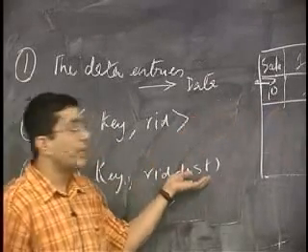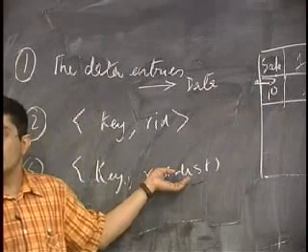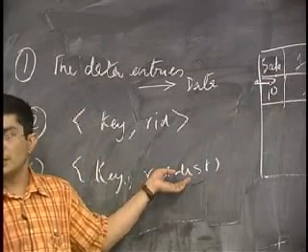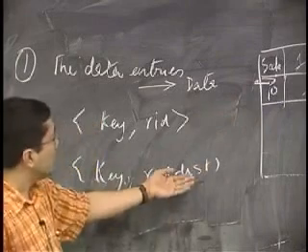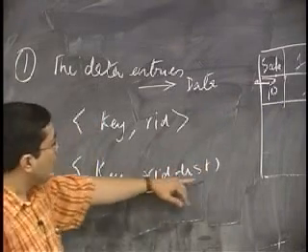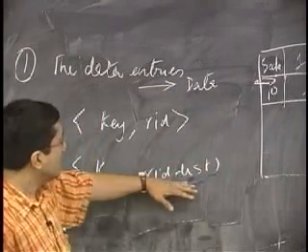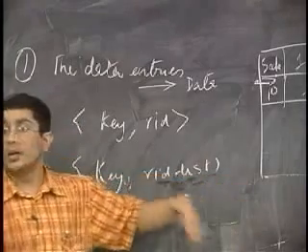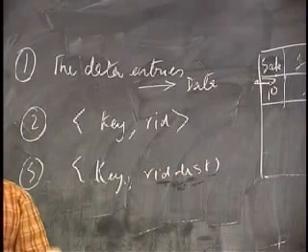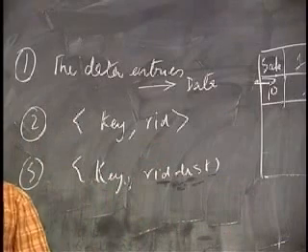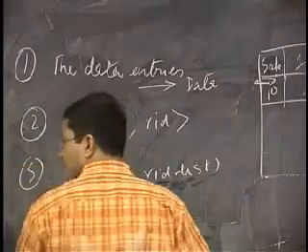So this lets you take care of the duplicates. But the problem with this kind of implementation is that all the data entries are going to have different sizes. So that becomes a problem, because you don't know how many row IDs will match one particular key.